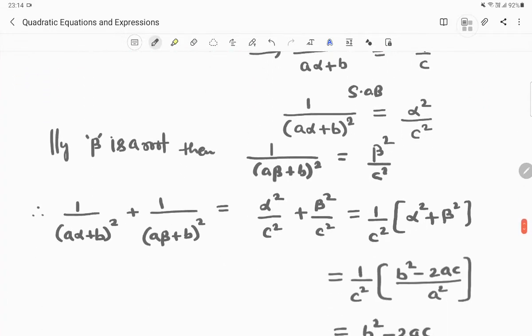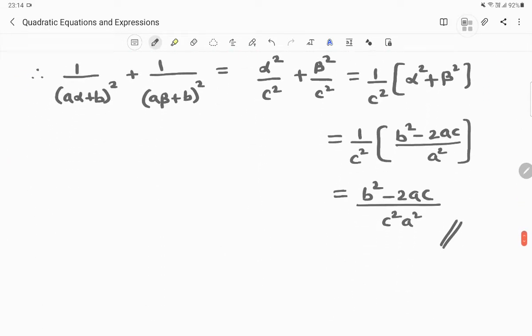This is the way the questions are asked in competitive exams. And here, very important concepts: properties of roots. Based on properties of roots we have the questions.